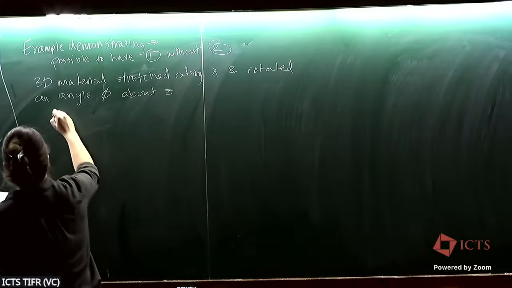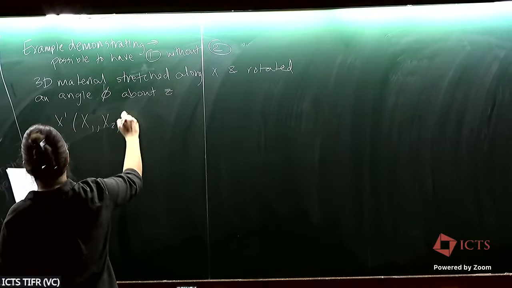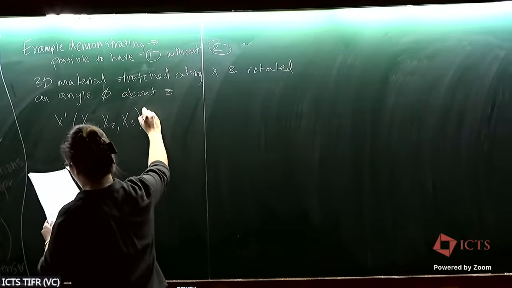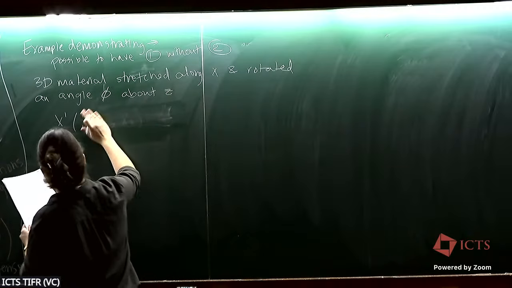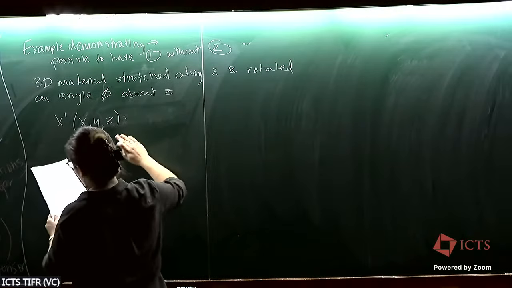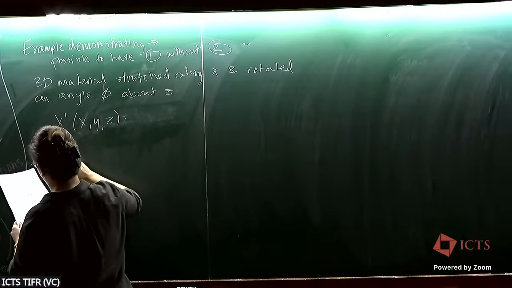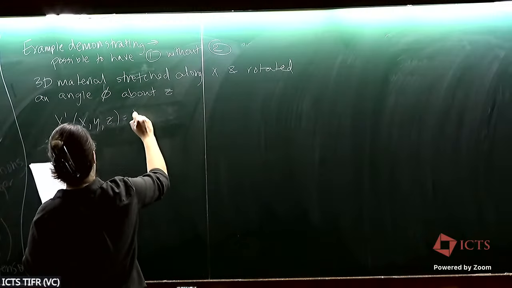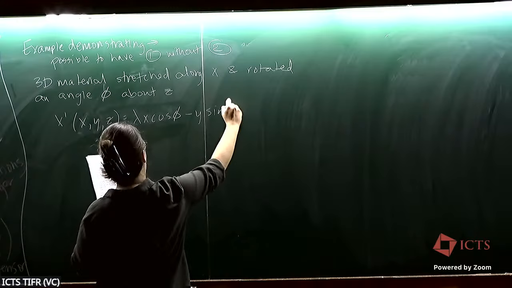And so this map can be written in terms of X, Y, Z. Let me actually just write this in terms of X, Y, Z as X prime of X, Y, Z is lambda X cosine phi minus Y sine phi.